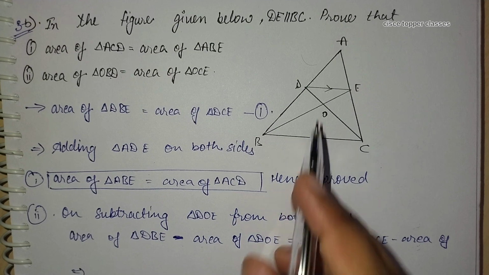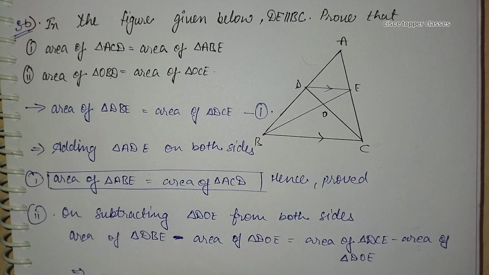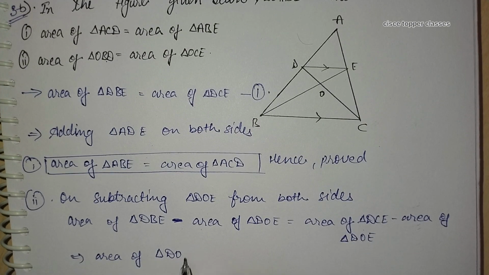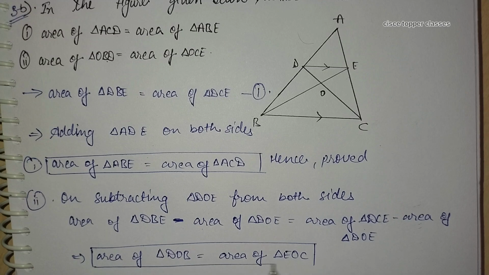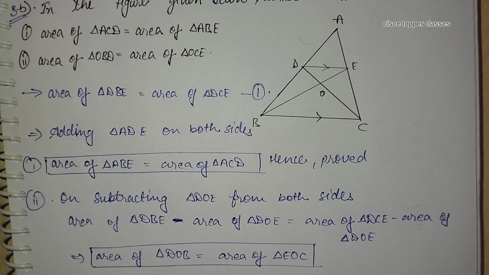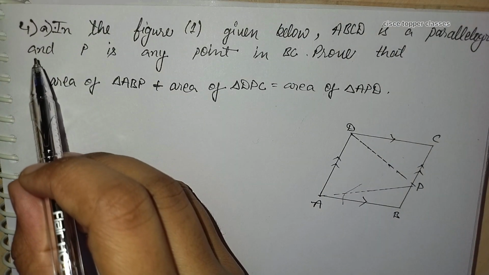So simply we can write DBE minus DOE as area of triangle DOB is equal to area of triangle EOC. Hence proved from here. This is only we have to prove, that area of triangle OBD is equal to area of triangle OCE. Now let us solve the first part.